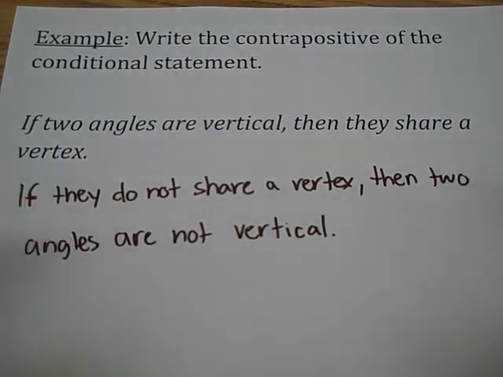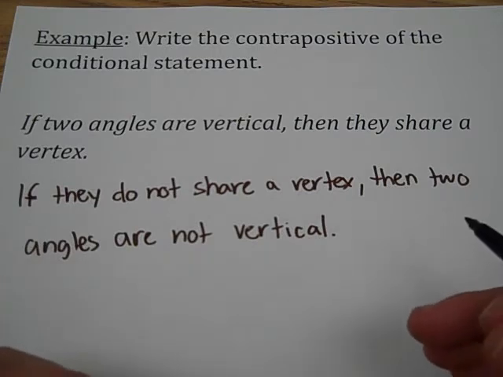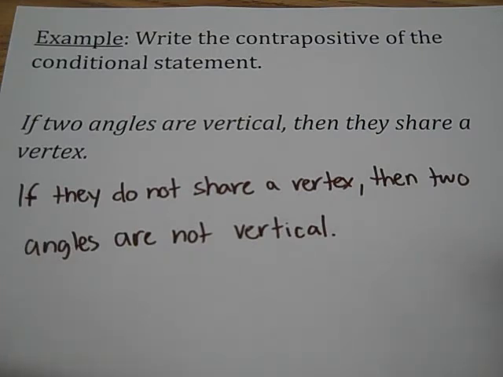So we switched the hypothesis and the conclusion, P and Q, and then we've negated them by using not and do not. And that creates what we call the contrapositive of a statement.